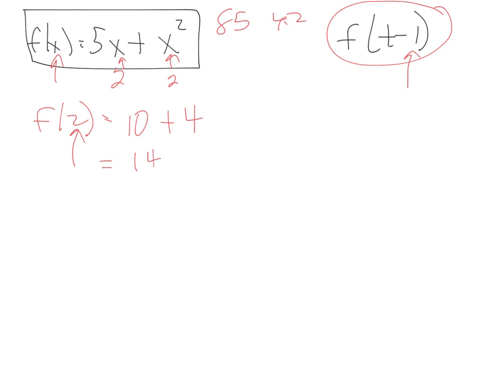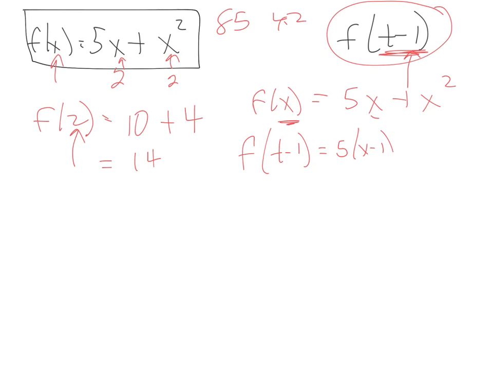So here's our function, f of x equals 5x plus x squared. And then instead of x, they want the value of the function when you plug in a t minus 1. So into this x here, I have to put in a t minus 1.